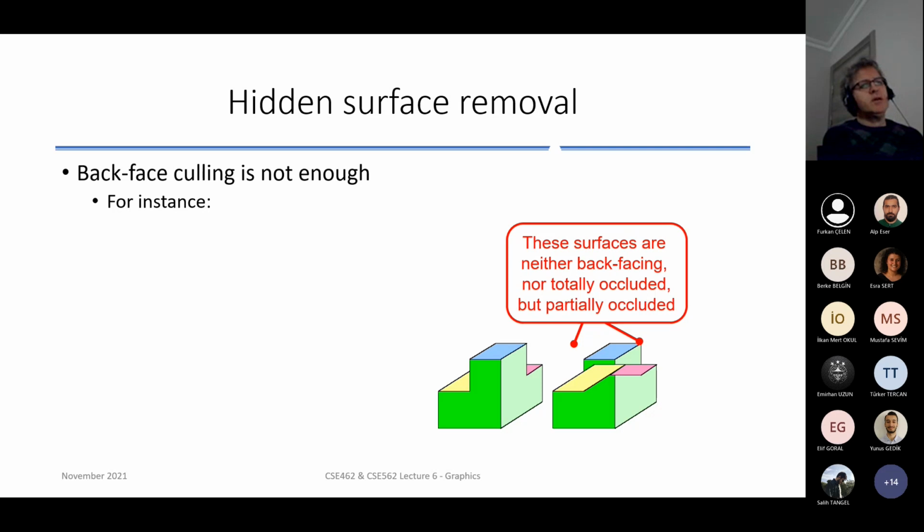Of course, there are cases where you'll have partially occluded surfaces, like for example this one here. This surface is partially occluded and this surface is partially occluded. So you cannot cull them, or if you want to cull them, you have to create a new surface that is actually visible.